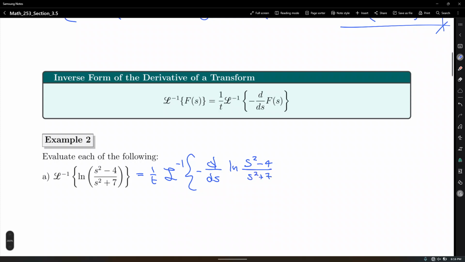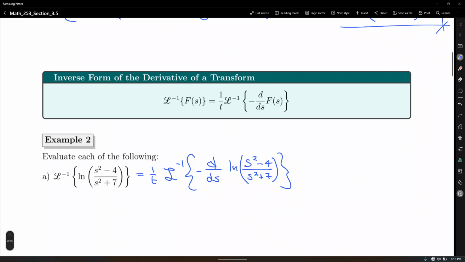And guys, you don't want to differentiate this natural log of a quotient. 1 over the quotient times the derivative of the quotient? Hell no. You guys know about properties of logarithms, don't you?